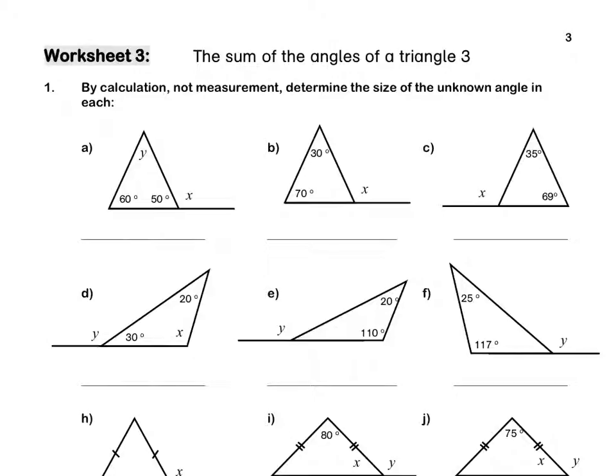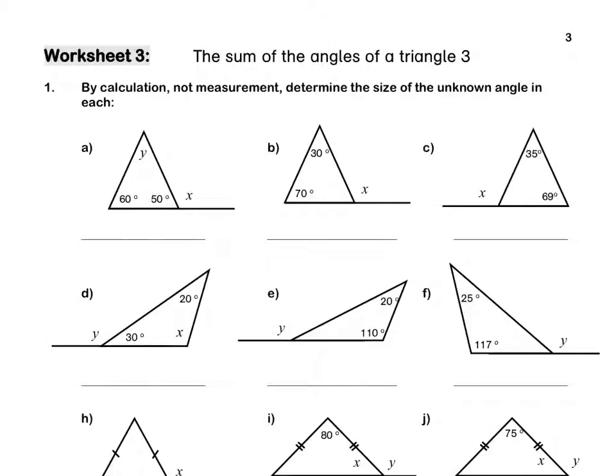Worksheet 3. We must determine the size of the unknown angle in each. For A, we have a triangle which is on a straight line. We know that angles on a straight line add up to 180 degrees.